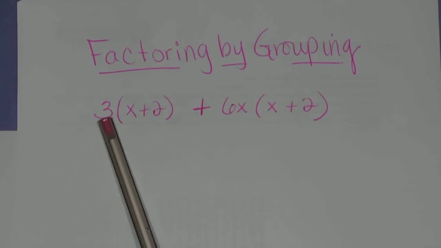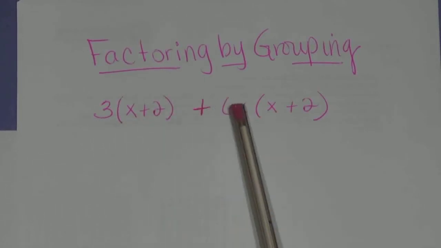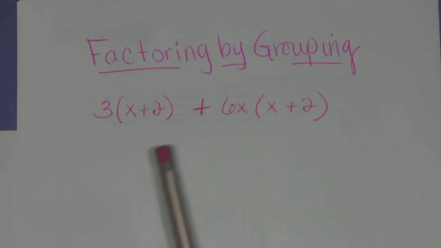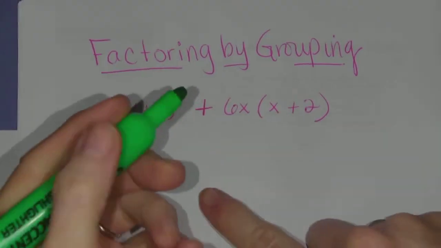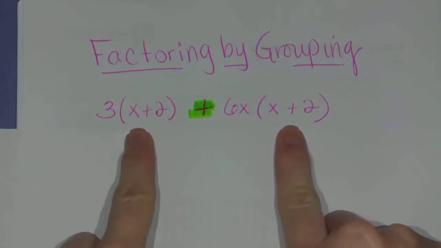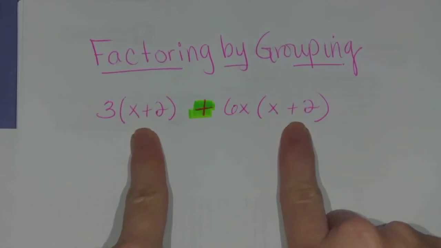So you've got 3 times the quantity x plus 2 plus 6x times the quantity x plus 2. And the reason this is a great candidate for factoring by grouping is that on either side of this plus sign, you have terms that each have a component that is similar.